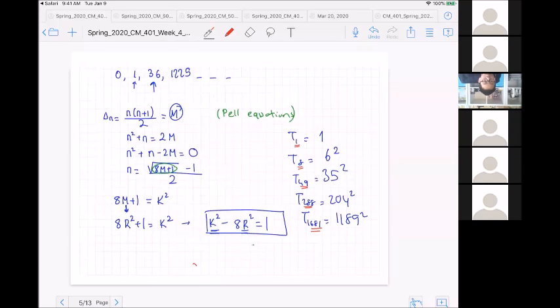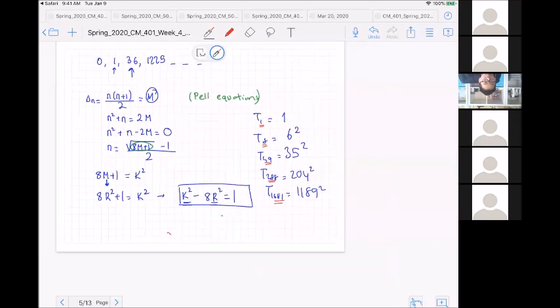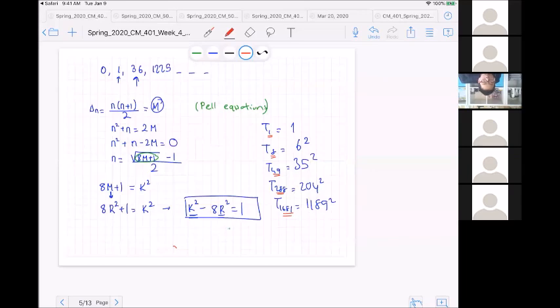So again, let me explain it one more time. In here, this is how we can represent a triangular number. Let's say this one here is equal to n. We can say that n squared plus n is equal to 2n, as I basically multiply both sides by 2.